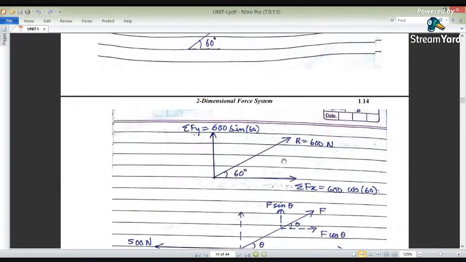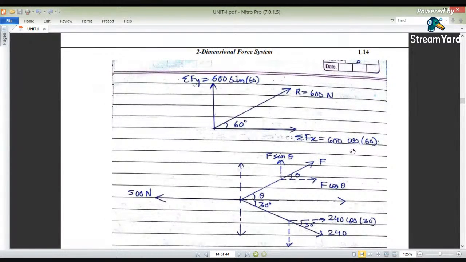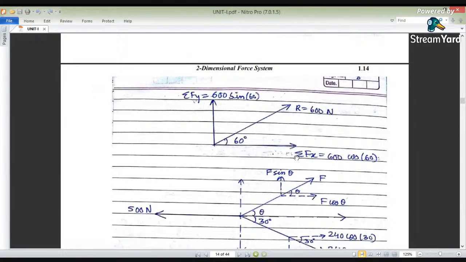So here we are resolving this resultant along the x and y directions, taking Fx as 600 cos 60 and Fy as 600 sin 60.